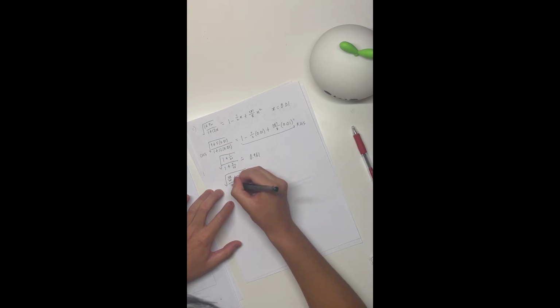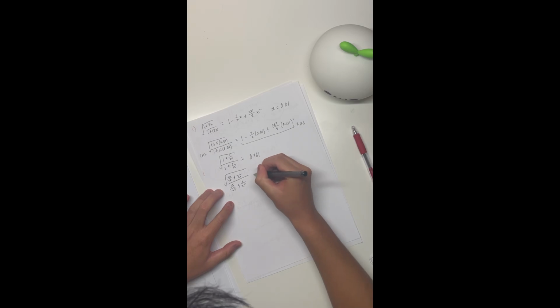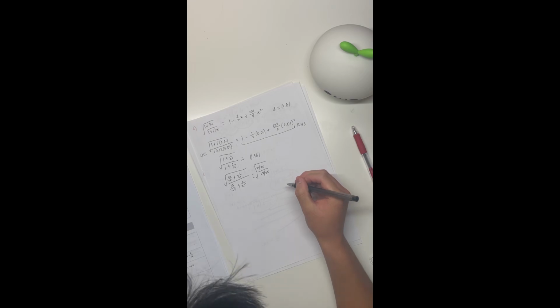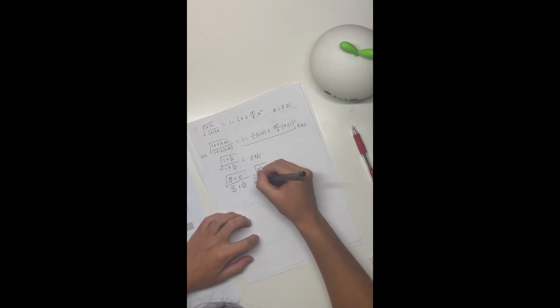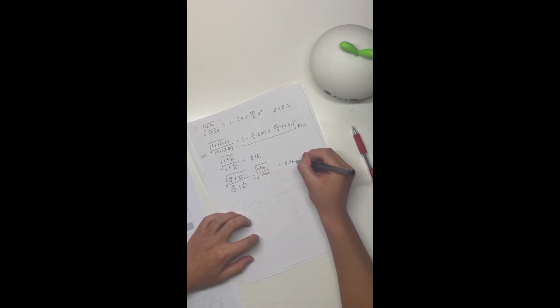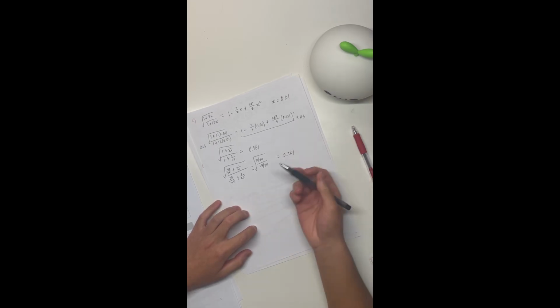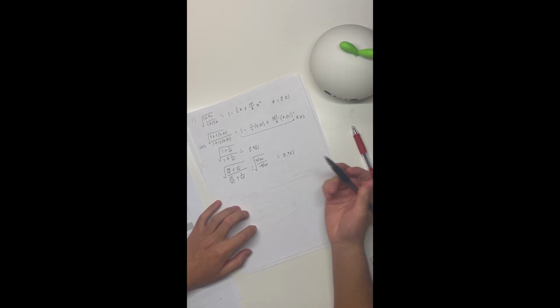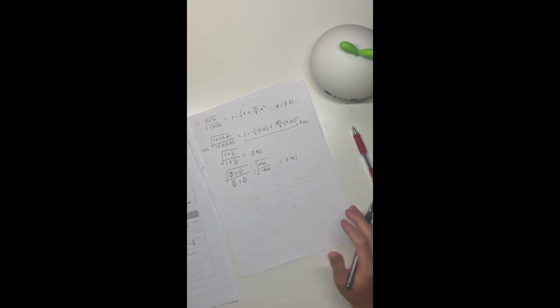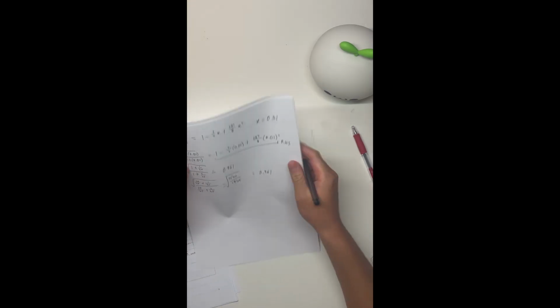Same thing for the bottom part, 25 over 25 plus 3 over 25, which is equivalent to 21 over 20 over 28 over 25, everything square root. And this is equal to 0.961. It's a bit messy, but I hope you understand. If you don't understand, just post a comment below and I will explain it again later.